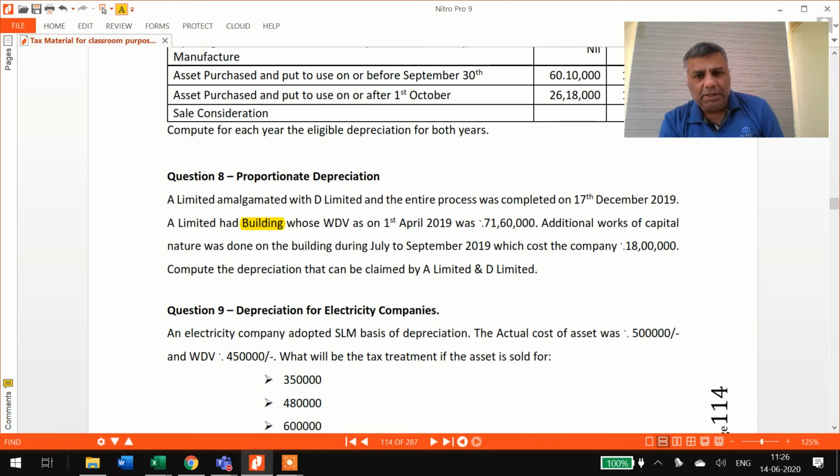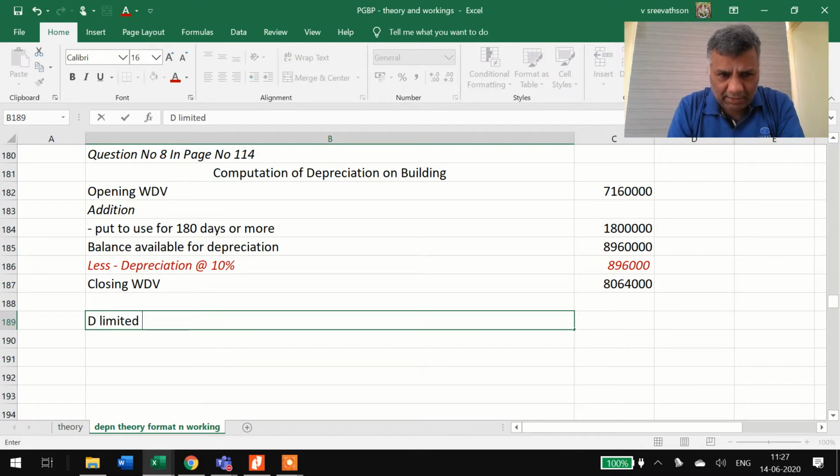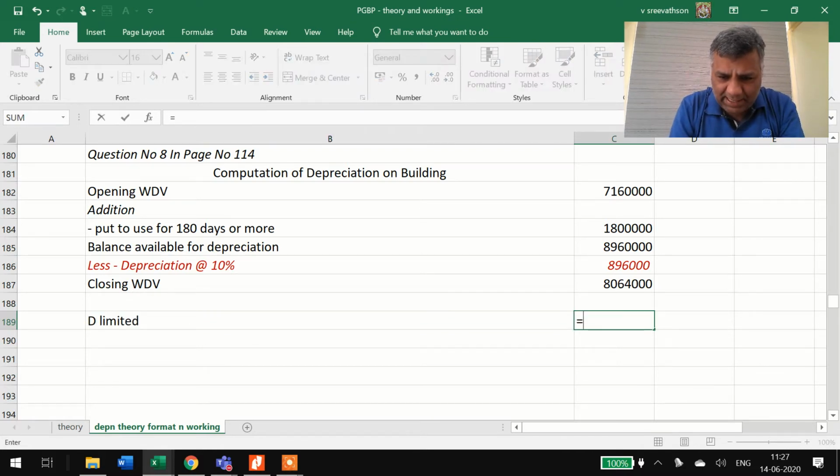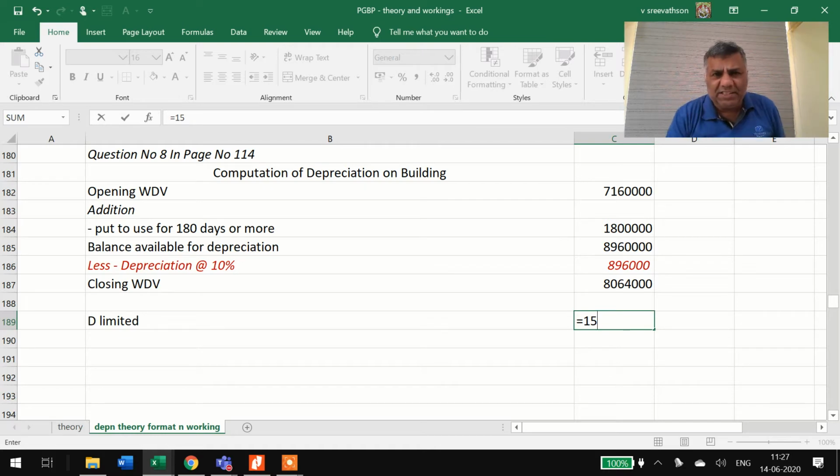A Limited amalgamated with D Limited and the entire process was completed on 17th December. Now, D Limited, friends, is existing like this. In December, up to 16th, it is A Limited. From 17th, it is D Limited.